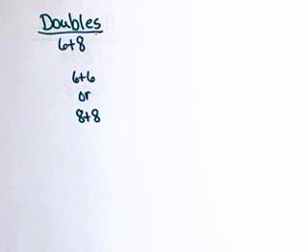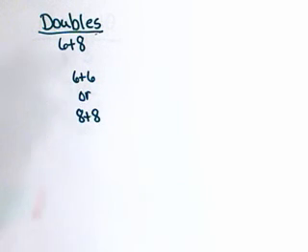Okay, now the doubles model is one that students typically have a good understanding of doubles. In other words, they understand what 1 plus 1, 2 plus 2, 3 plus 3, 4 plus 4, 5 plus 5, 6 plus 6 are. In other words, doubling the number.